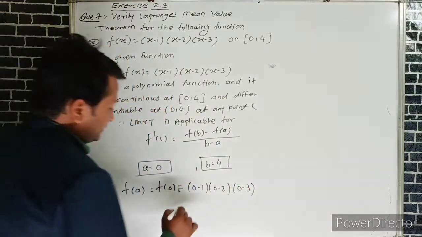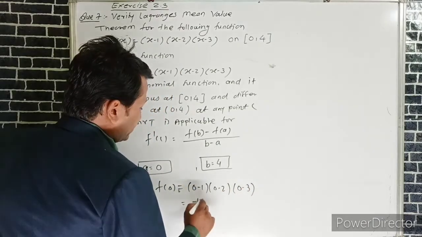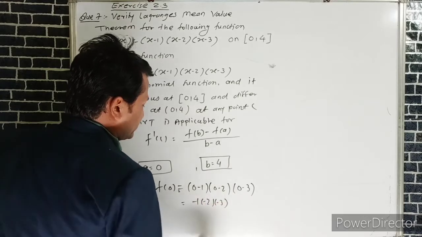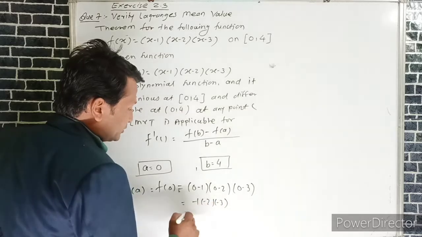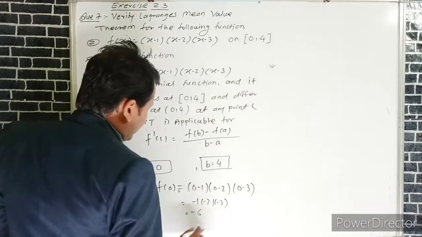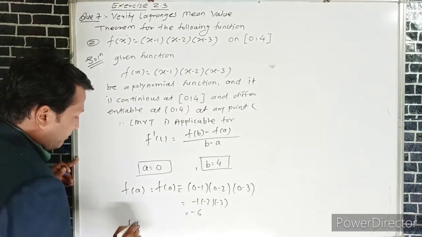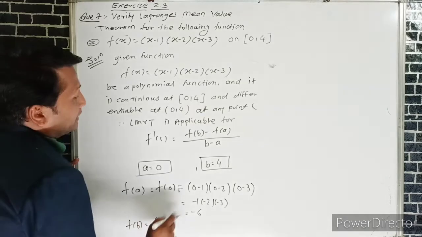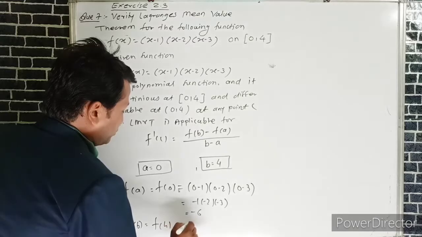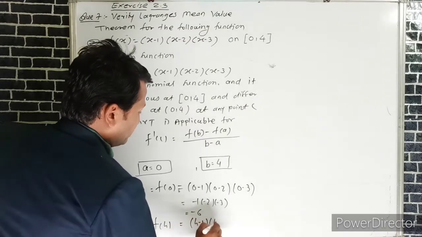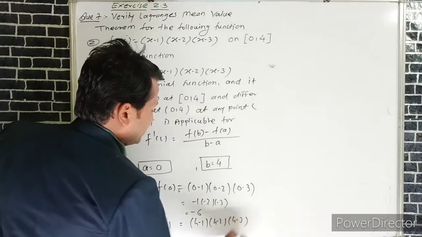So we can write 0 minus 1, which is minus 1, minus 2, minus 3. Minus 1 into minus 2 is plus 2, plus 2 into minus 3, which is minus 6. Again we can write the value of f(b), which is f(4), equal to (4 minus 1)(4 minus 2)(4 minus 3).